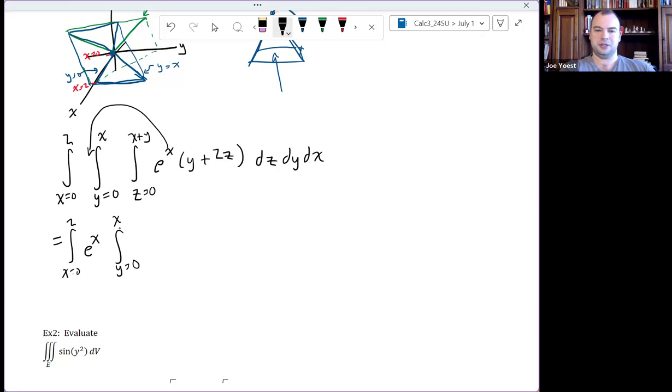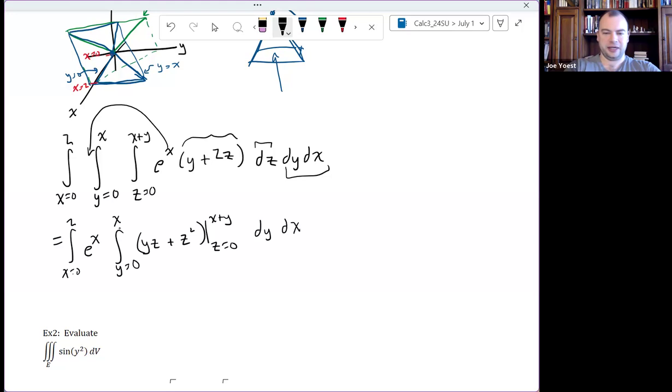Just gives me fewer things to keep track of. And then I'm integrating y plus 2z dz, so that's going to be yz plus z squared from z equals 0 to x plus y dy dx.